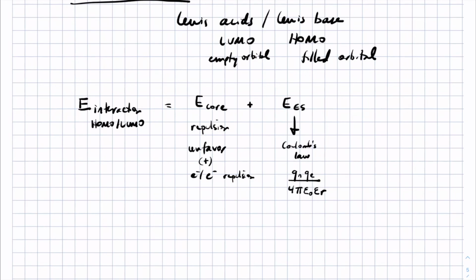So one way you can get this interaction to be negative is to have a nucleophile that's negatively charged and an electrophile that's positively charged, and to have electrostatic attraction pull them together. In that case, highly localized charges that can get close to each other is a good thing.